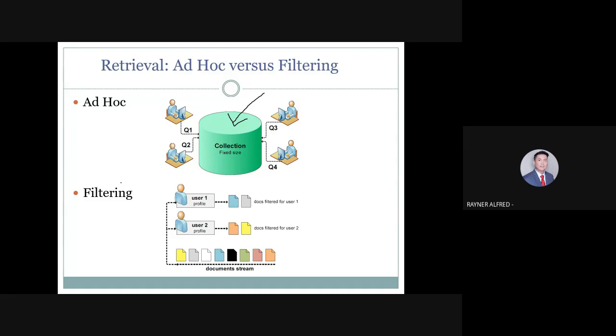We also have filtering. In filtering, it depends on the user profile, so different users will get different results depending on the keyword that they key in. They are filtered based on your profile, based on your background.